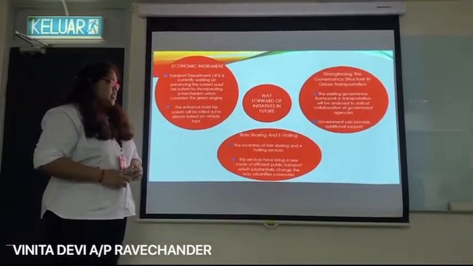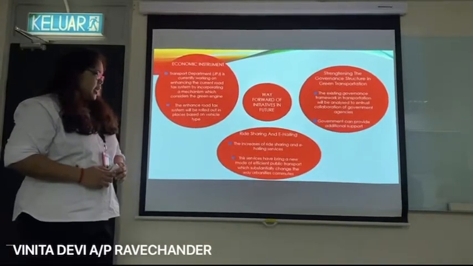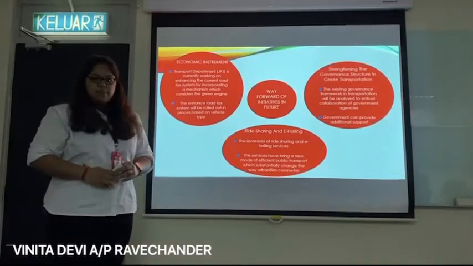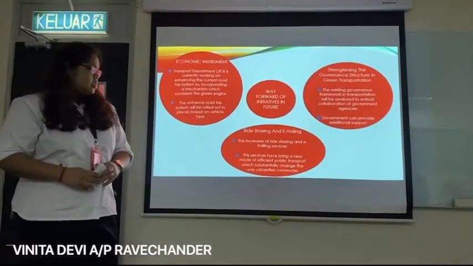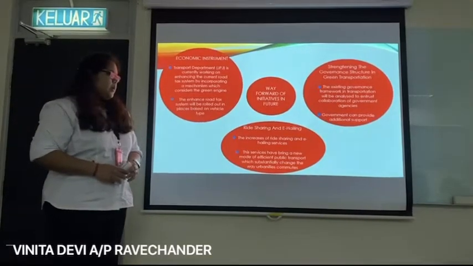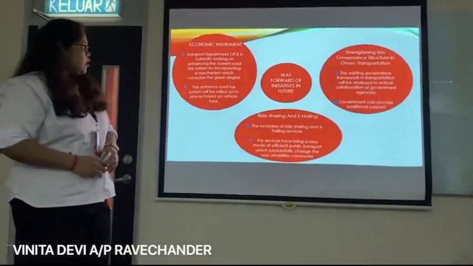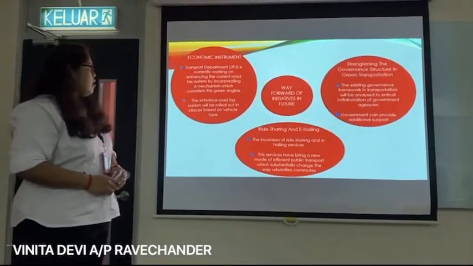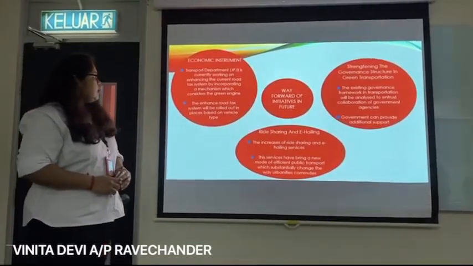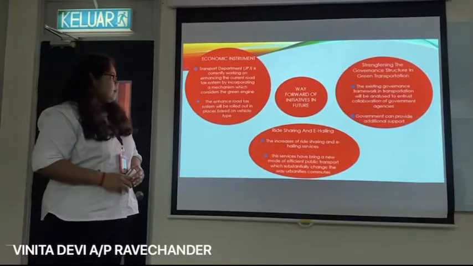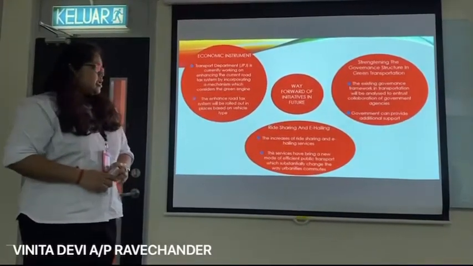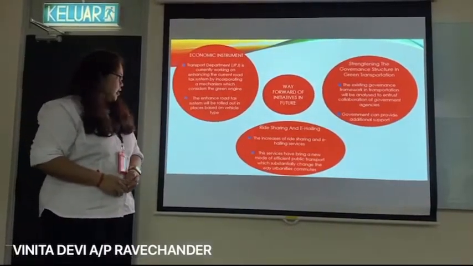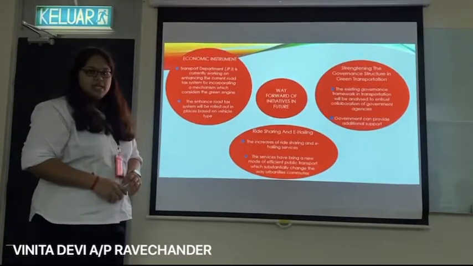The increase of ride sharing and e-hailing services has brought a new mode of efficient public transport, which substantially changes the way urbanites commute. The third one is economic instruments. The Transport Department JPJ is currently working on enhancing the current road tax system by incorporating a mechanism which considers the green engine. The enhanced road tax system will be rolled out based on vehicle types.